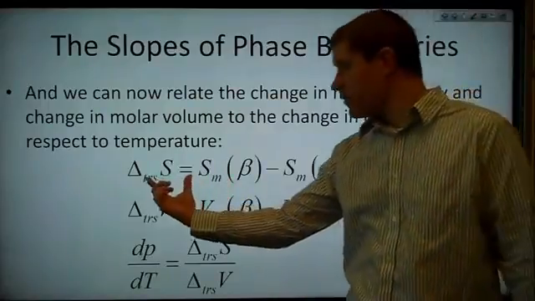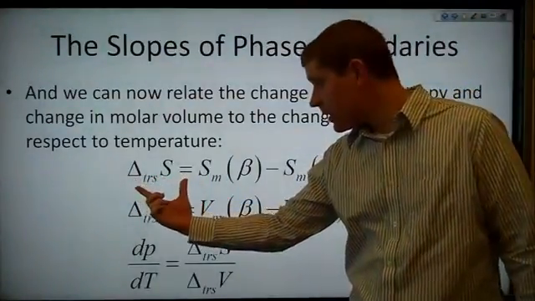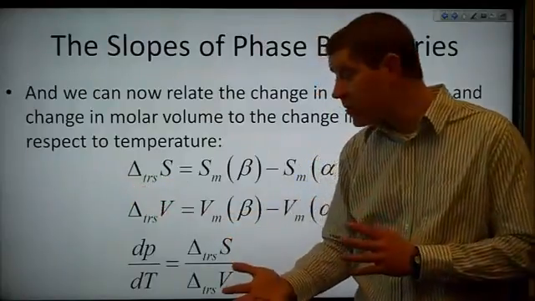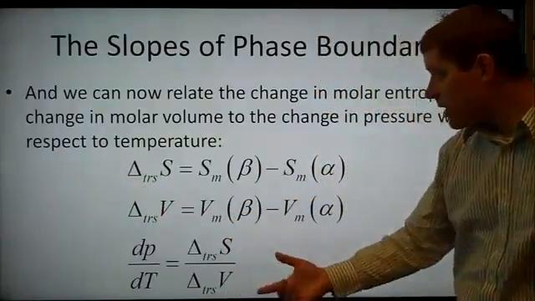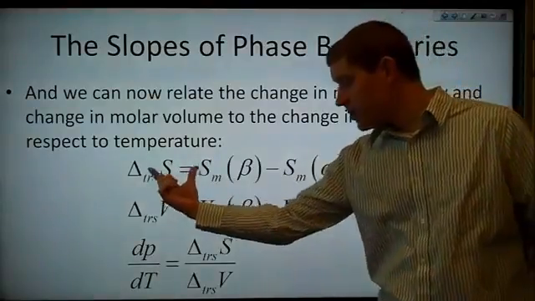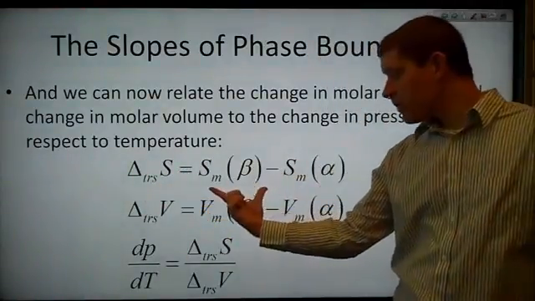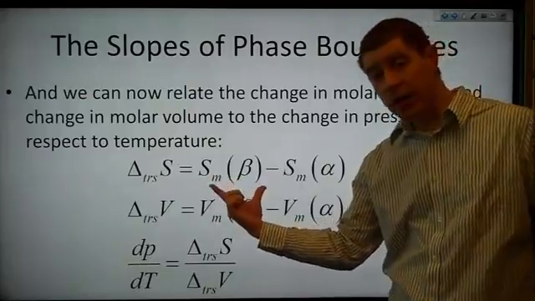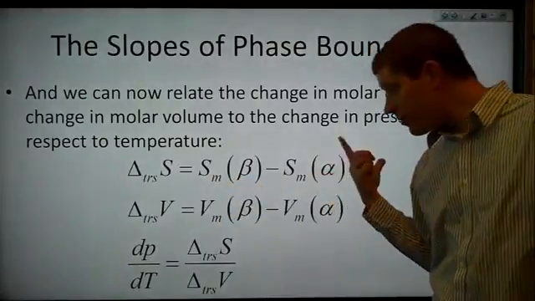So now for a macroscopic phase transition from alpha to beta, we have the change in entropy is equal to the molar entropy of beta minus the molar entropy of phase alpha.